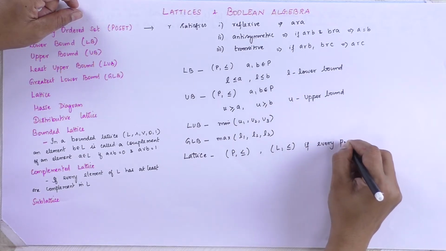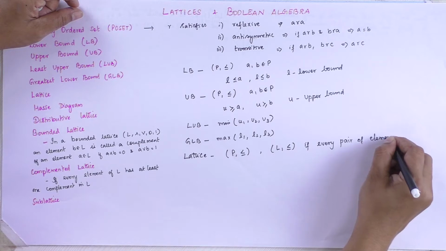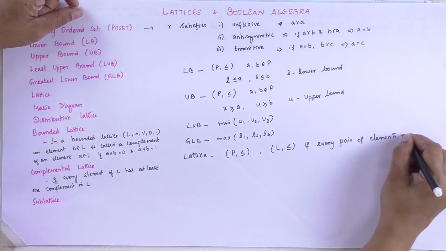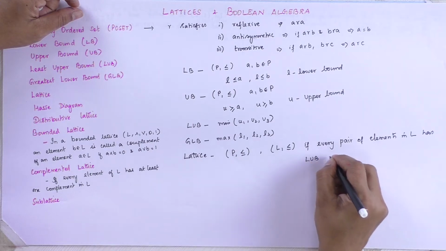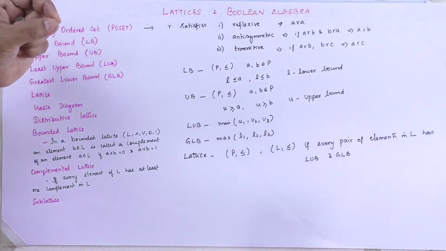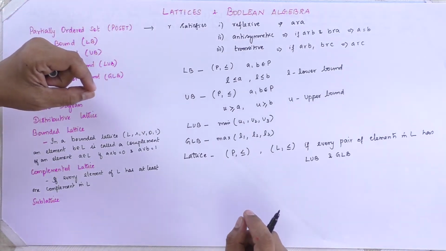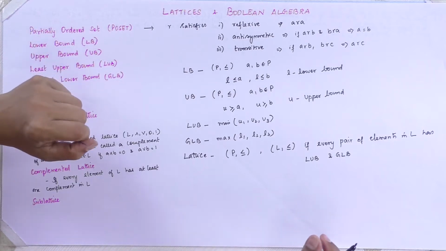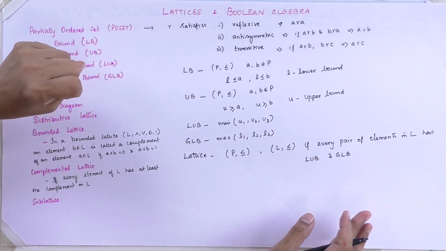If every pair of elements in the set has a least upper bound and a greatest lower bound. So if each and every pair of elements in that set has the least upper bound and the greatest lower bound, then it is said to be a lattice.